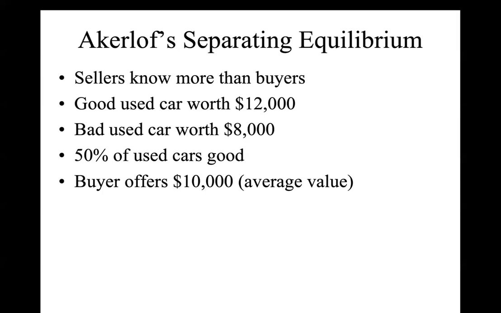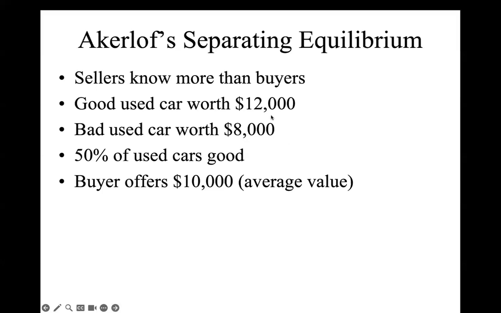So 12,000 times 50% equals 6,000, plus 8,000 times 50% equals 4,000, equals our expected value. So 6,000 plus 4,000 equals 10,000, right? That's the expected value of the car that we would purchase. In this case, it's the average value, right?